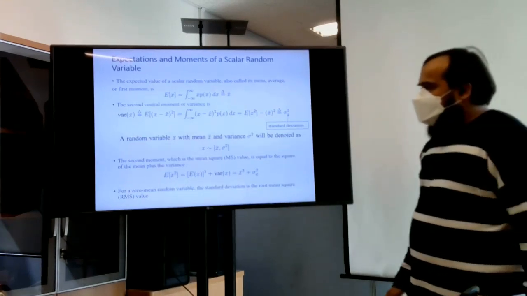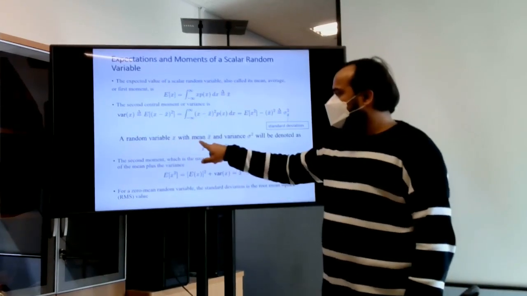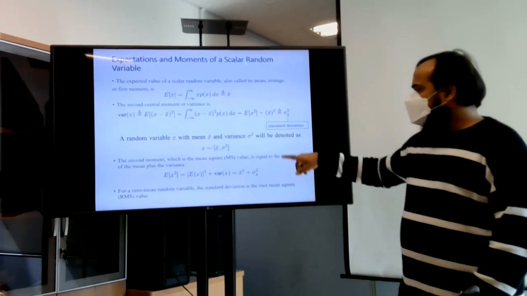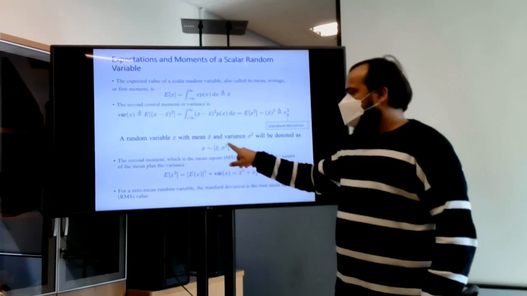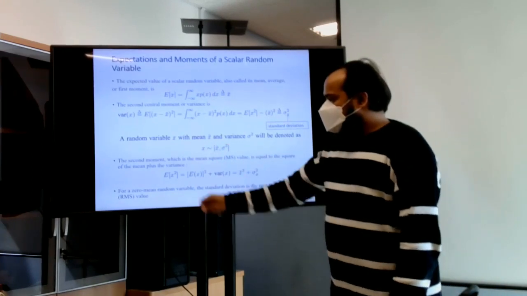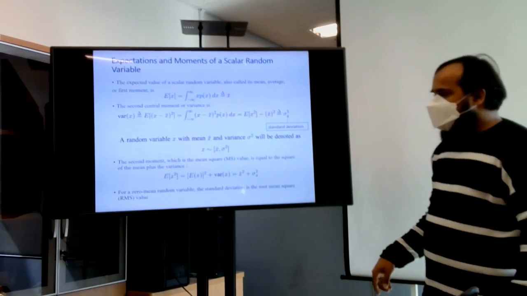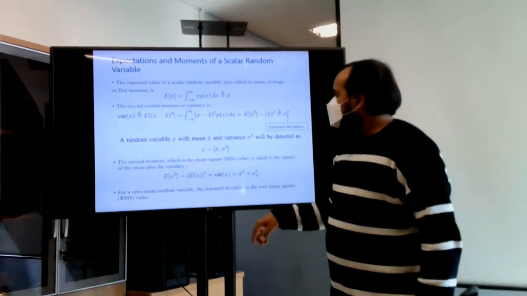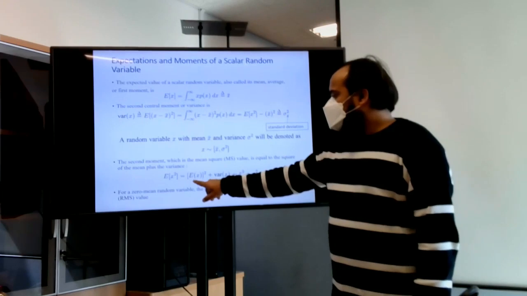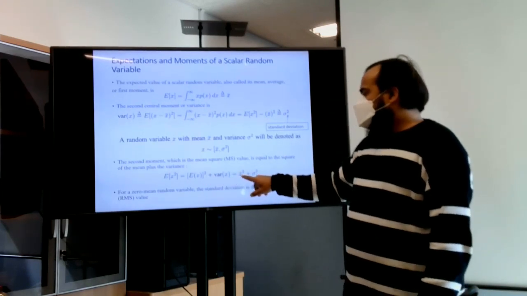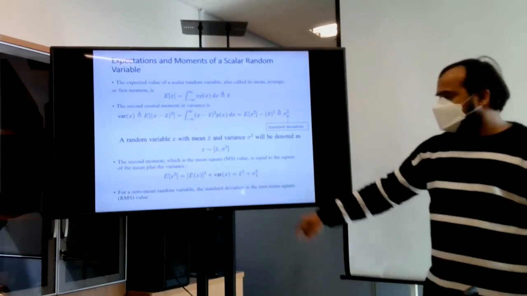A random variable x with mean x bar and variance sigma square will be denoted as this one. And the second moment, which is the mean square value, is equal to the square of the mean plus the variance, like this one: e of x square equals x bar square plus sigma square.